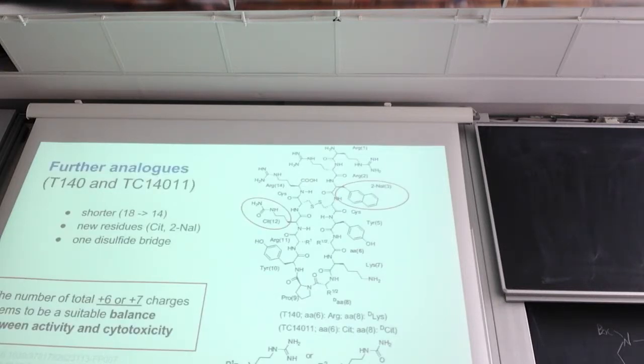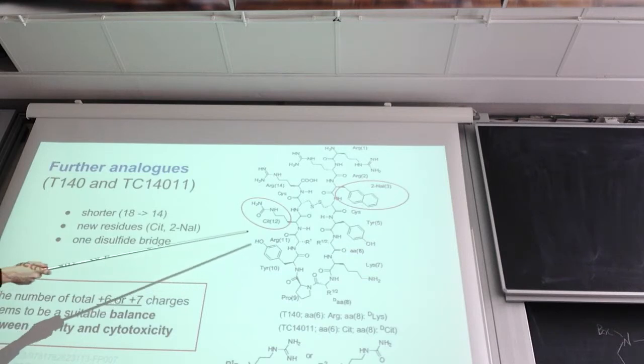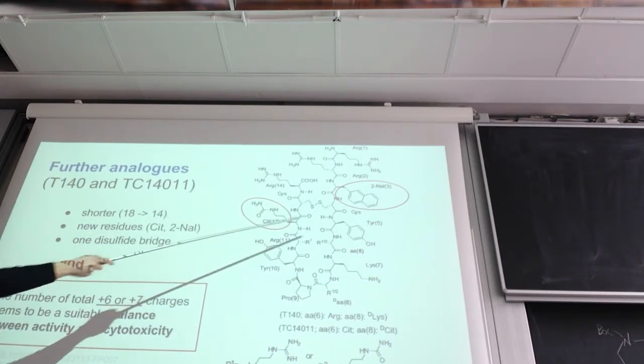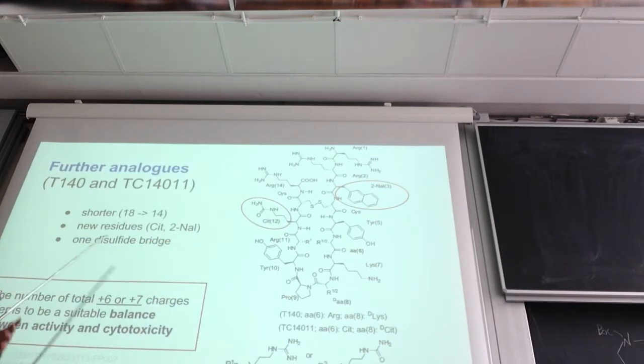Further analogues, such as this one, are shorter. We can see that it is only 14 amino acid residues long instead of 18. You can see that there are 2 new residues, citrulline and 2-naphthylalanine.